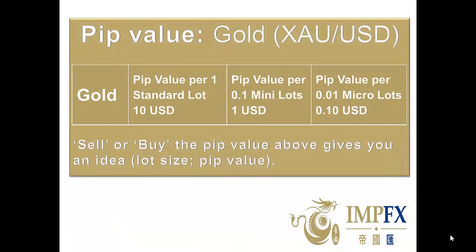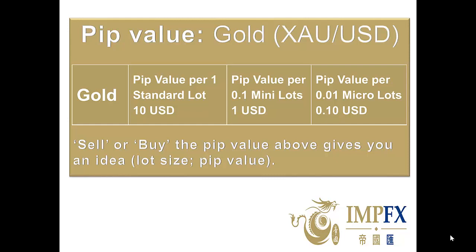So let's have a look a little bit more in regards to pip trading. One standard lot when you're trading MT4 is $10 US per pip. When you're using a mini lot, which is 0.1, that is $1 US per pip. And when you're trading 0.01, which is a micro lot, then you're trading 0.10, or 10 cents.